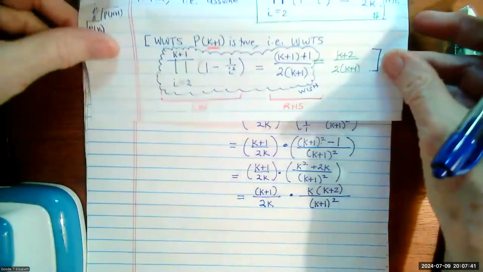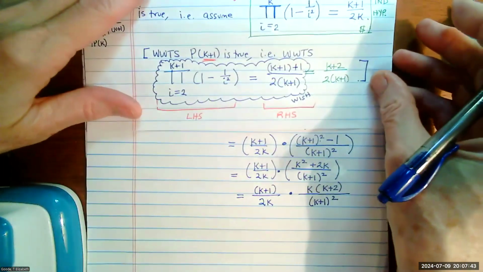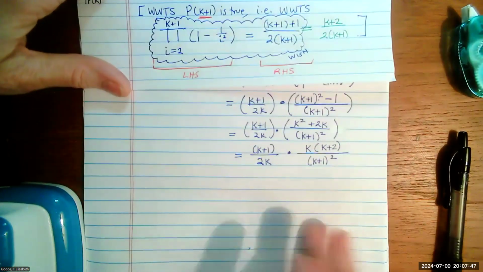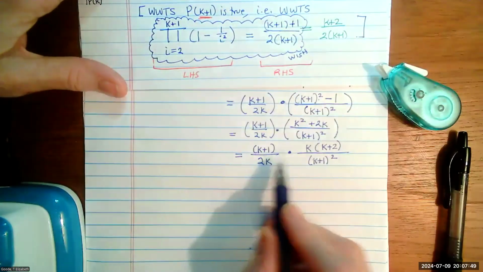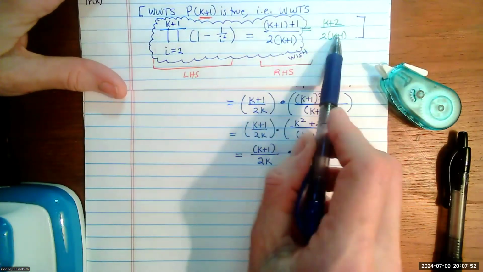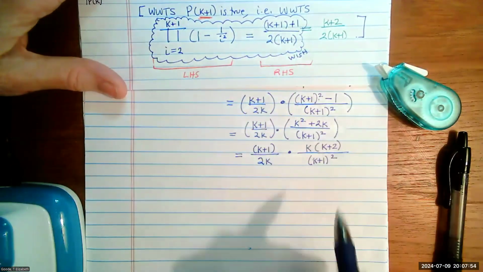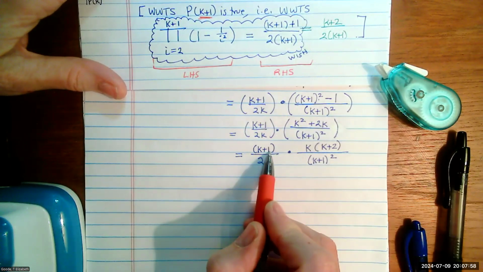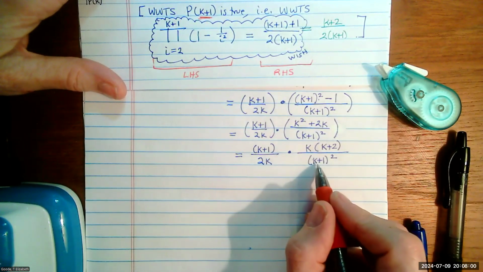I'm just going to keep my wish where we can see it. Getting closer, we're getting closer to this. All right, check out what cancels. Look, we've got k plus 1 up top. We've got k plus 1 twice as a factor on the bottom.